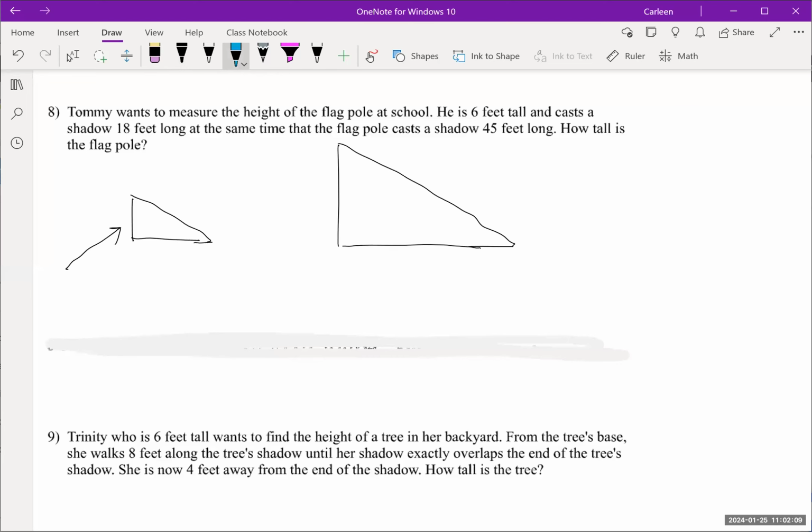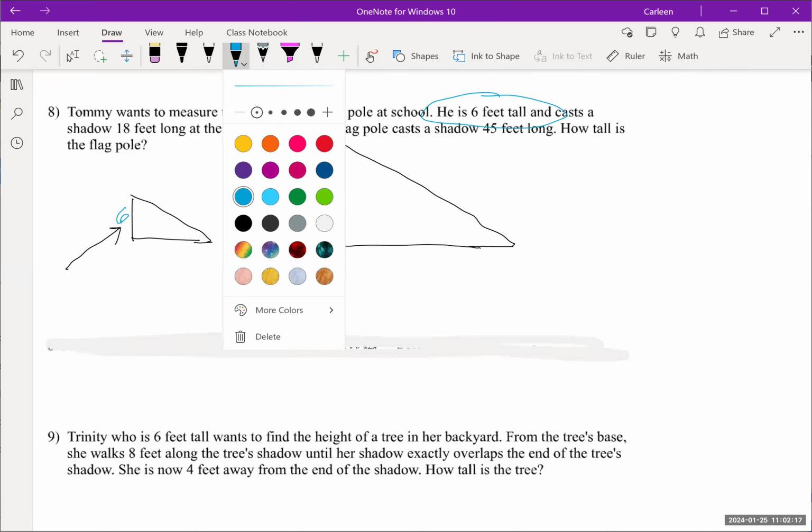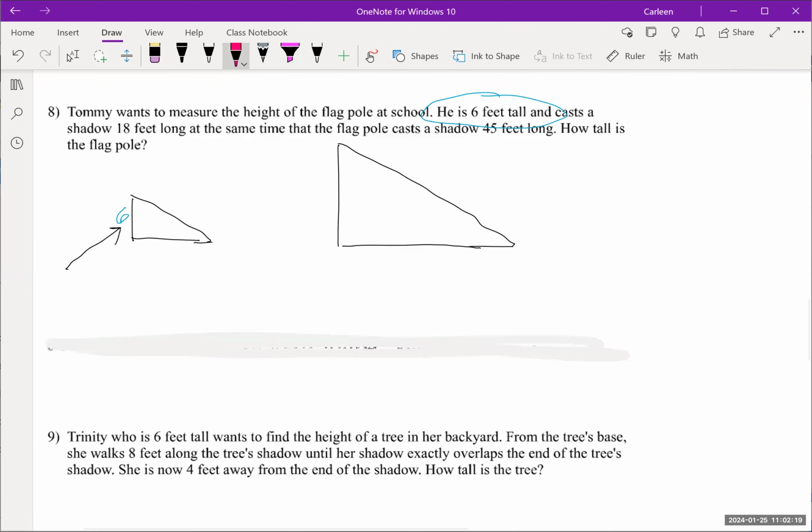All right, 6, that one's Tommy, right? Okay, what is gonna go here? All right, Tommy casts an 18-foot shadow.